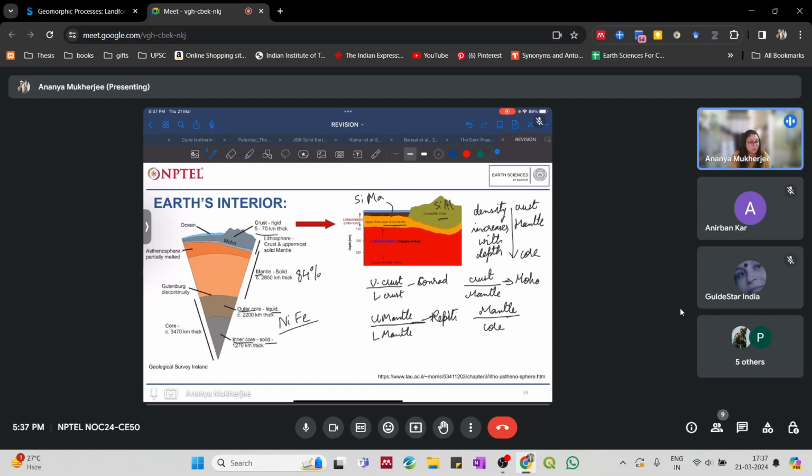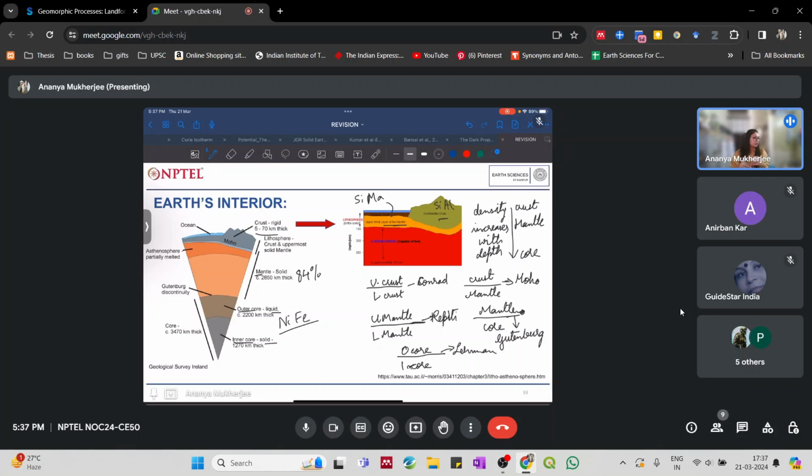Then between the mantle and the outer core, if we consider the core as a whole, this discontinuity is called the Gutenberg discontinuity. And the last discontinuity, between the outer core and the inner core, is called the Lehmann discontinuity.